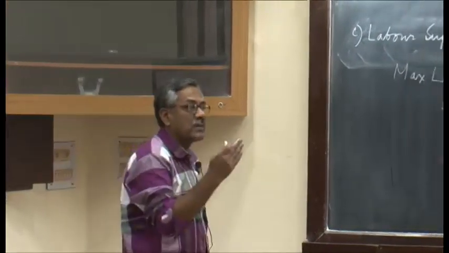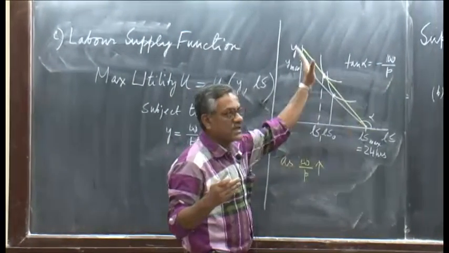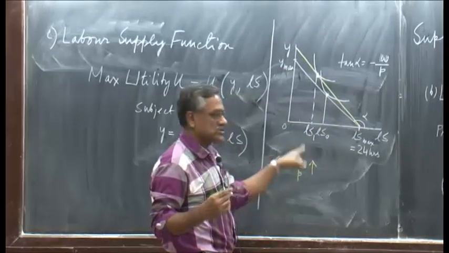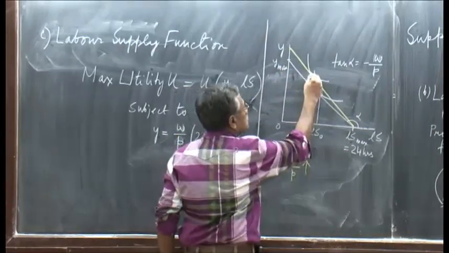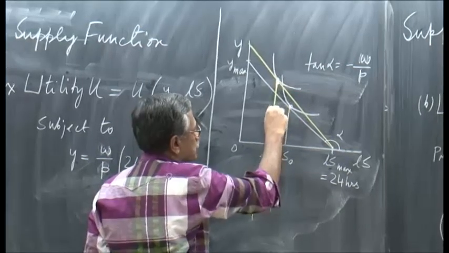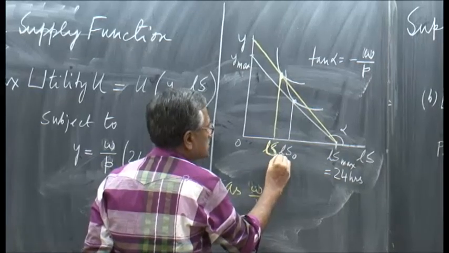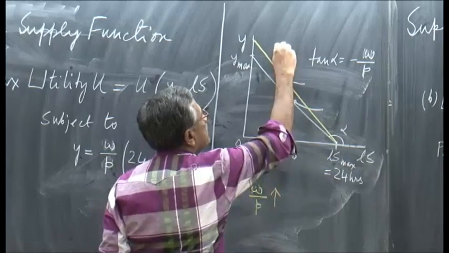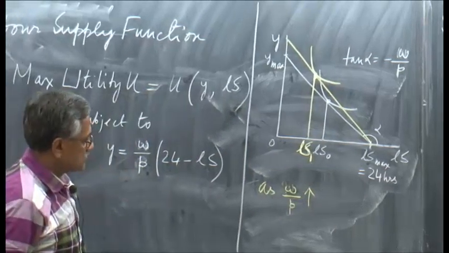So if the cost of leisure goes up, as the line becomes the yellow line, because W over P has gone up, the consumer consumes a different amount of leisure, which is LS1, on a different indifference curve, the yellow indifference curve.